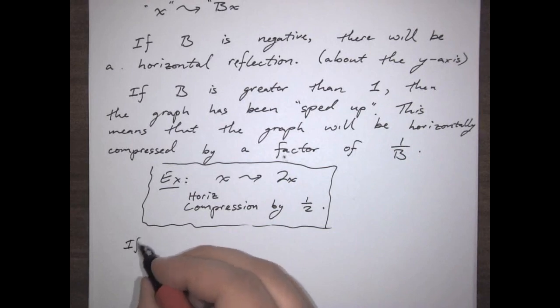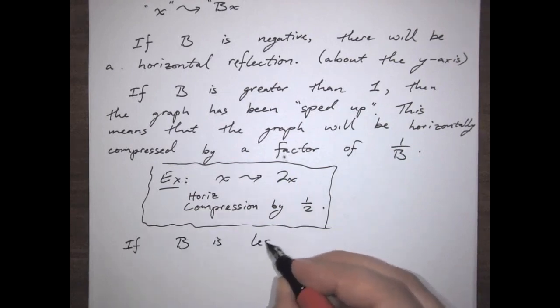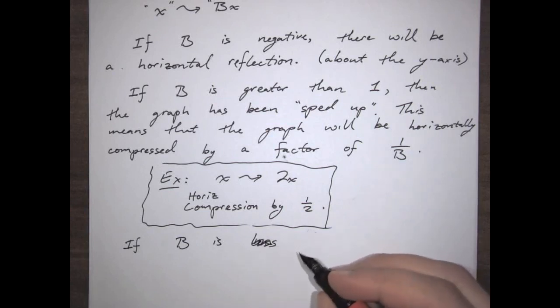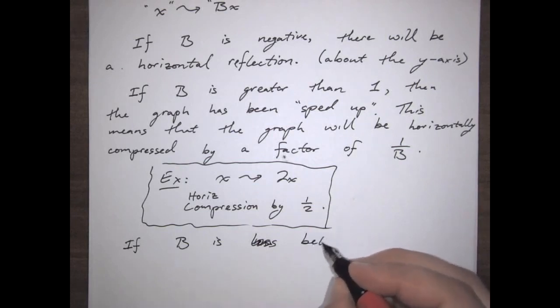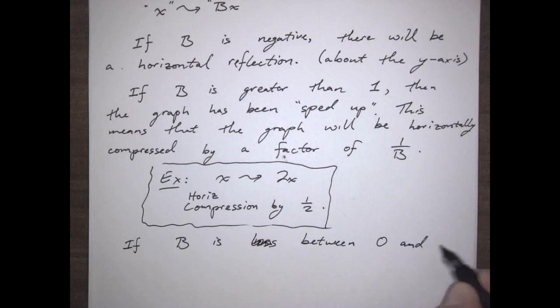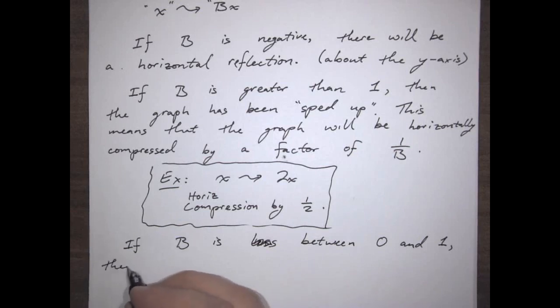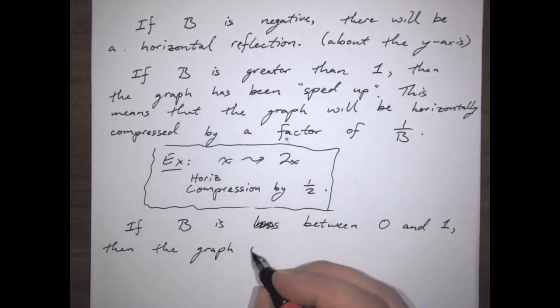And on the other hand, if b is, I shouldn't say less than 1, because then that might be confusing on negative things. If I say if b is between 0 and 1, then the graph is slowed down.